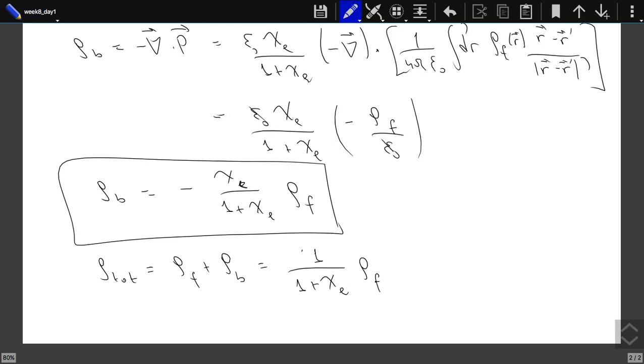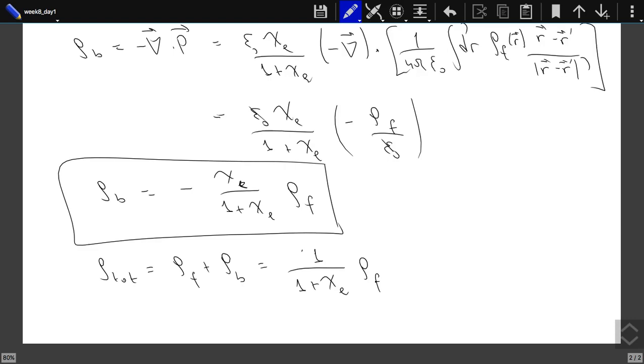So basically what happens is, let's say, rather than putting a charge distribution, let's assume you put one point charge in your dielectric. And if you measure the electric field created by this point charge, it will be as if it is the electric field created by a reduced charge. Let's say you put a Q charge at a given point.